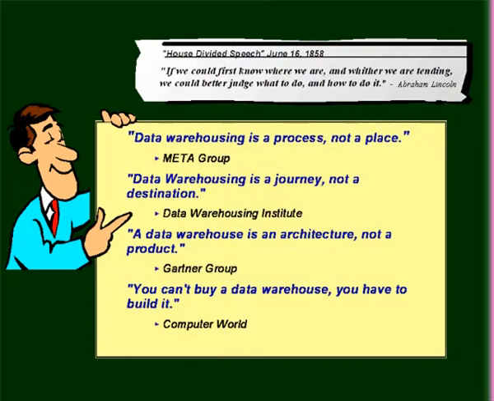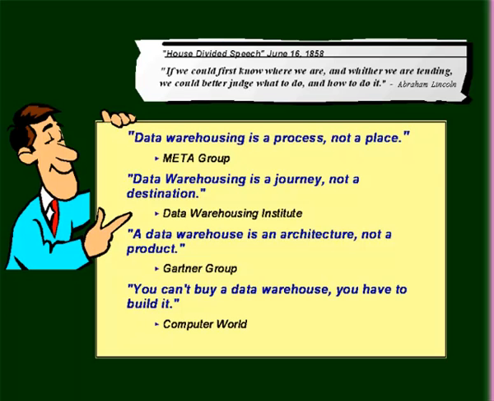Industry leaders agree that data warehousing is a process, a journey, and it takes a commitment. The slide shows different kinds of messages given by popular groups. For example, the Meta Group says data warehousing is a process, it is not a place.